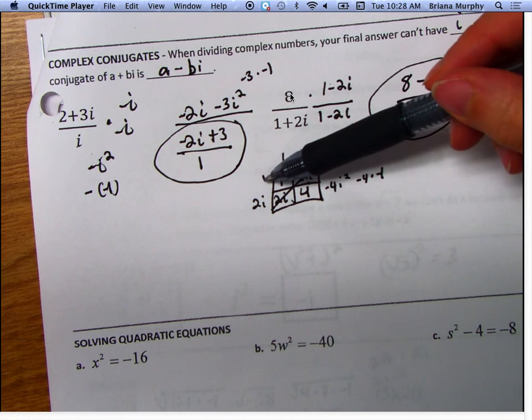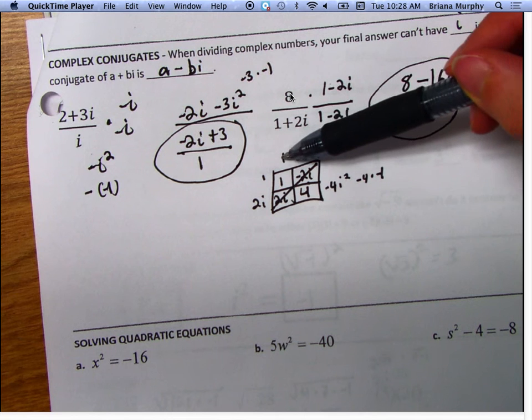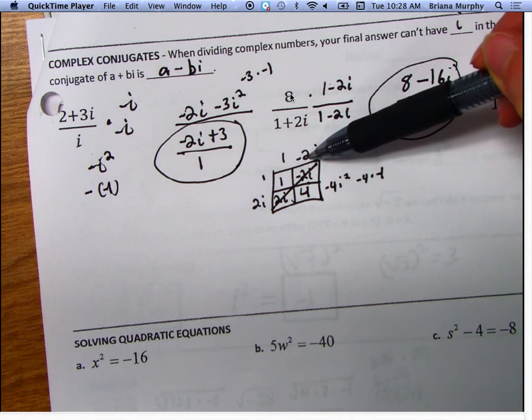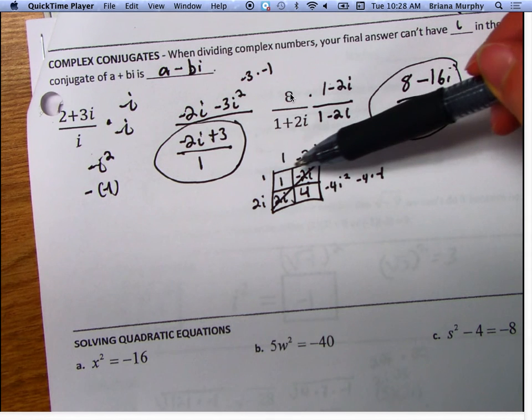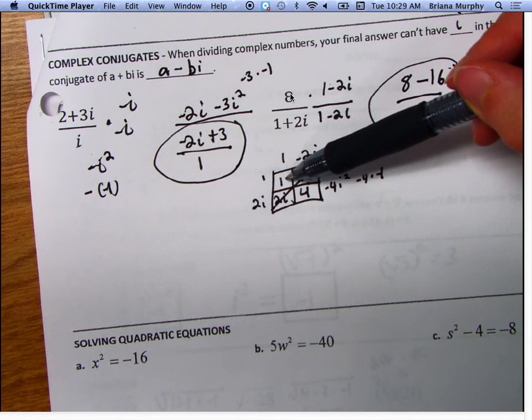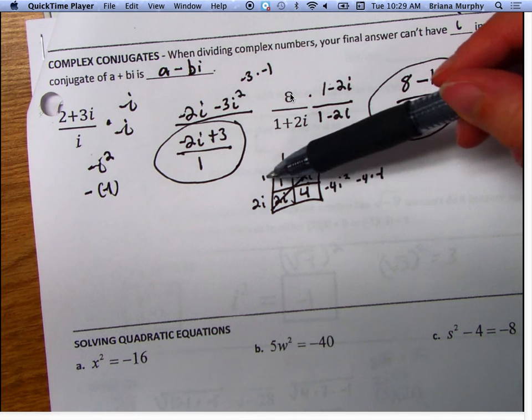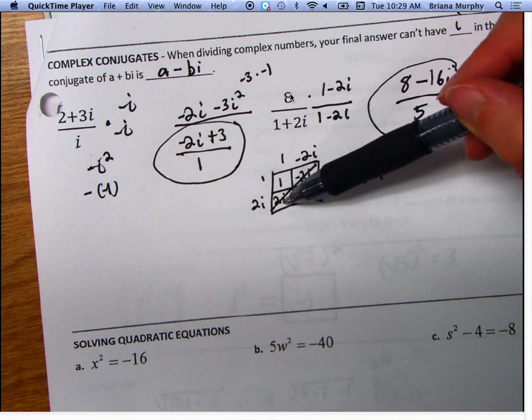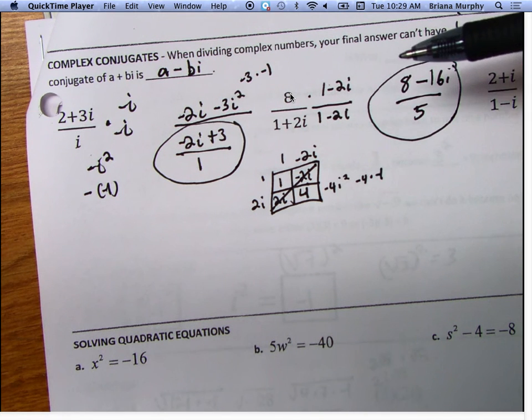We've got 1 plus 2i times 1 minus 2i. So I built a box, right? Because I have 2-term by 2-term. 1 times 1 is 1. 1 times negative 2i is negative 2i. 1 times 2i is 2i. Now, here's where it gets crazy.